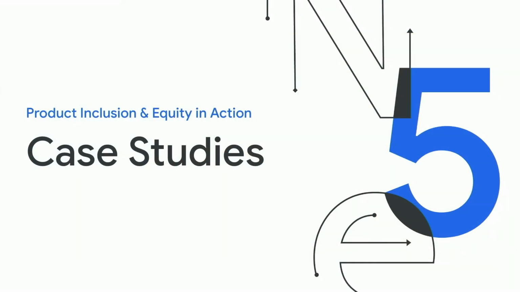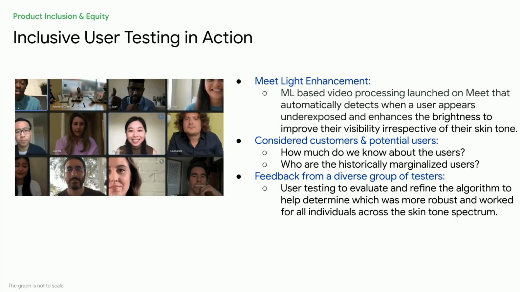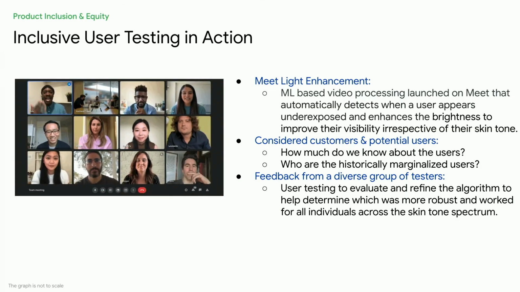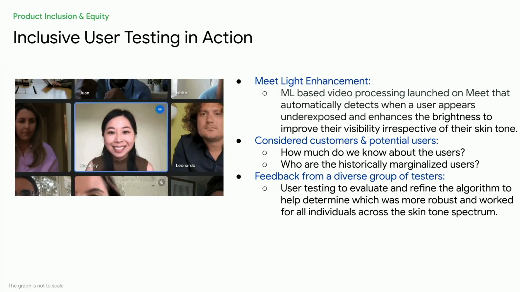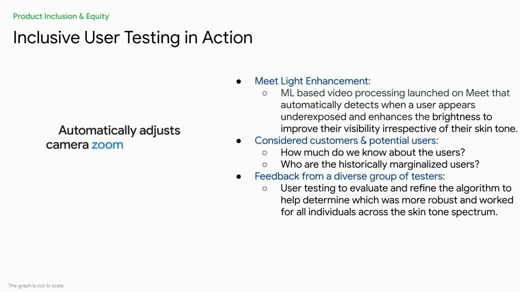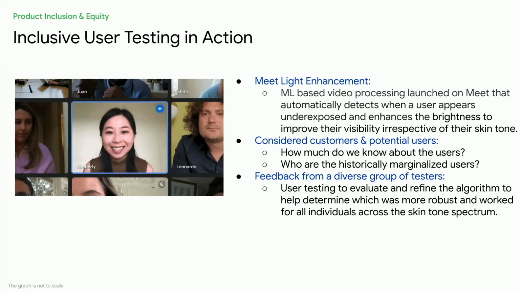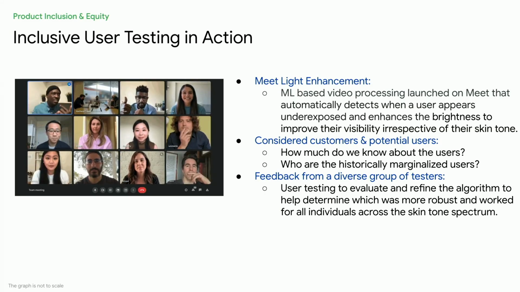The case studies. Now I'd like to share with you an example of our experience with inclusive user testing with one of our features. Through feedback from our diverse group of testers, the team was able to determine which algorithm was more robust and worked for all individuals across the skin tone spectrum. This ensured that all video calls on Meet worked well for everyone.